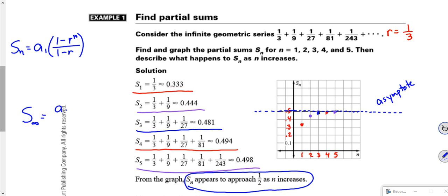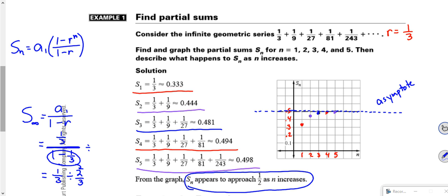So for us, our first term is 1/3 over 1 minus, what did I say our r was? r was also 1/3. Well, this is 1/3 divided by 2/3, right? 1 minus 1/3 on the bottom is 2/3. And this big fat fraction bar is my division symbol.